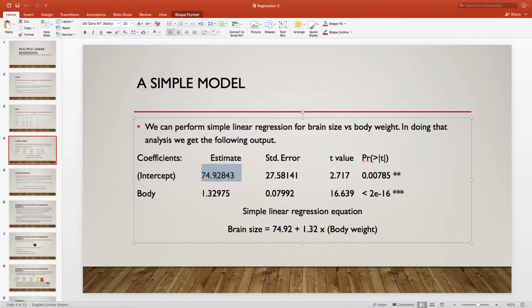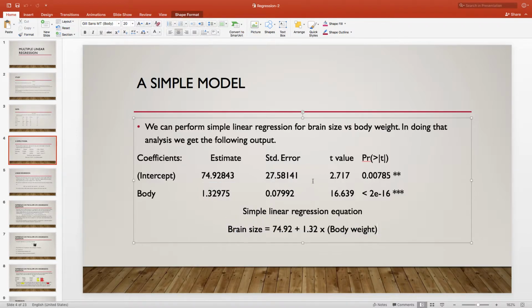So there's an intercept of 74.92. That's the base or starting brain size. And for every additional unit of body weight, I believe it's measured in kilograms, but I'd have to double check the data, you would multiply that by 1.3 and add it to the brain size. And so this is your equation for brain size.